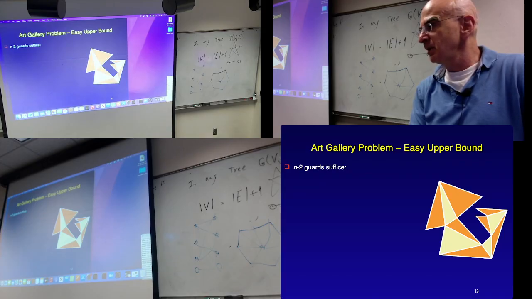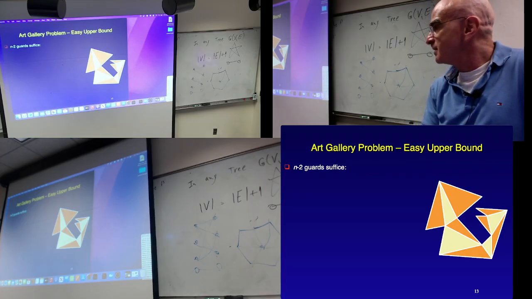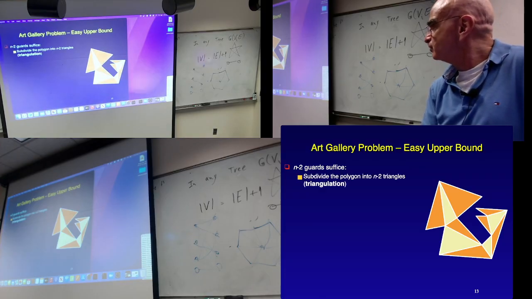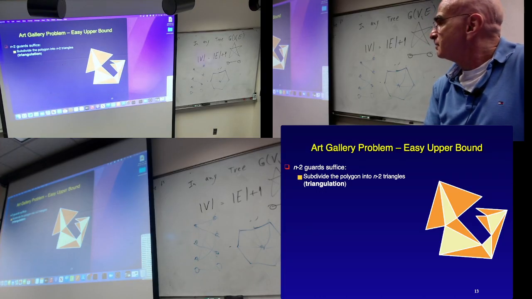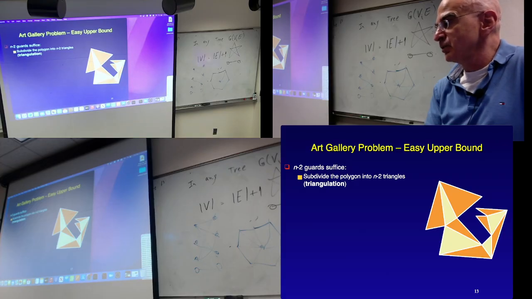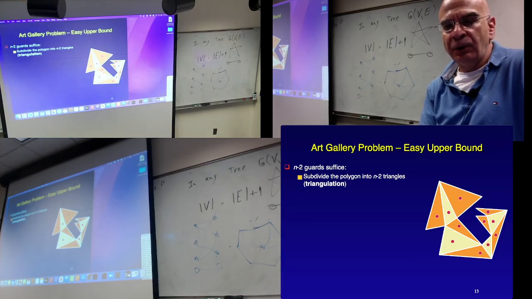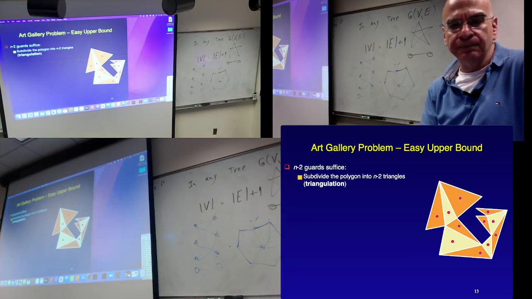I can partition it into triangles, and I'll use exactly n minus 2 triangles. And inside every triangle, place a guard. Cool. So I owe you why it consists of n minus 2 triangles. And any point inside each one of these triangles will do.